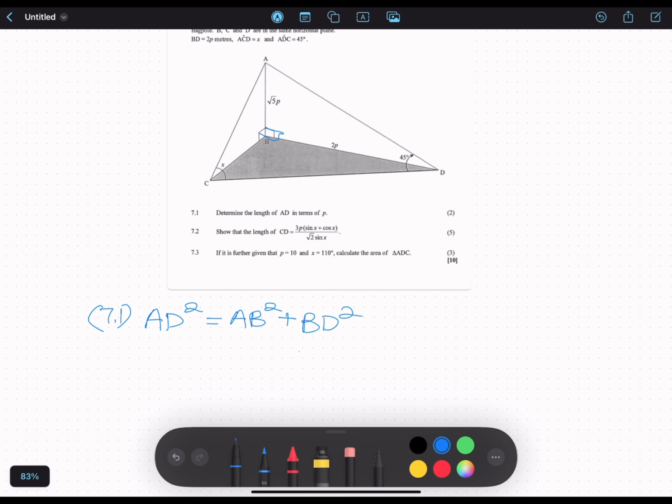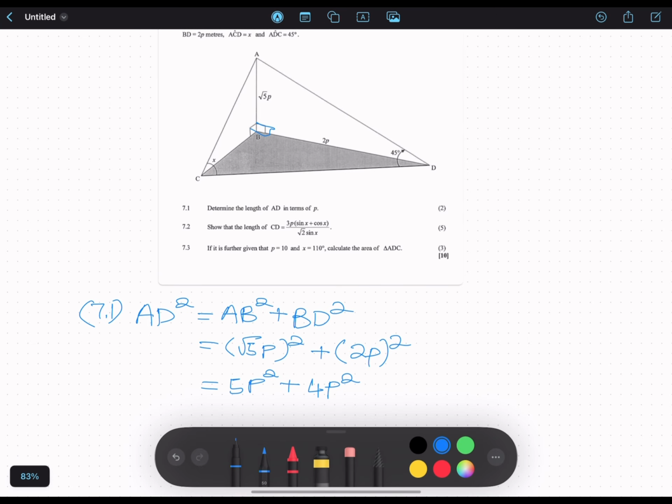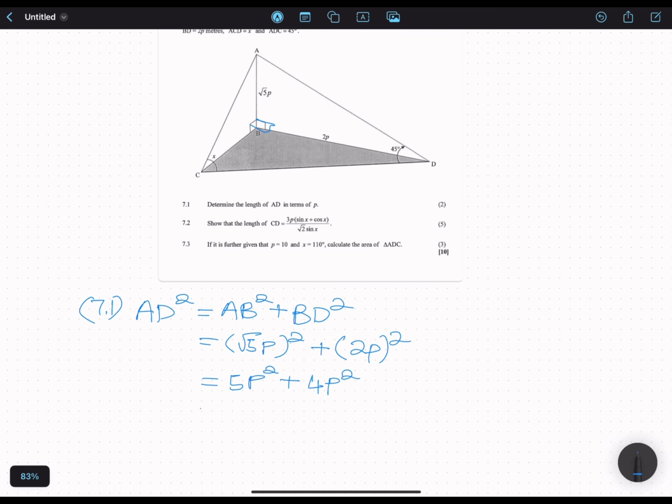So going forward, what is AB? AB is given by the square root of 5p, squared, plus BD is given by 2p, squared, which, if you simplify it, is going to be 5p squared plus 4p squared. Then because they are like terms, you can just add them.